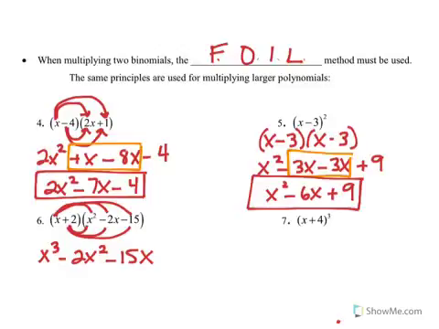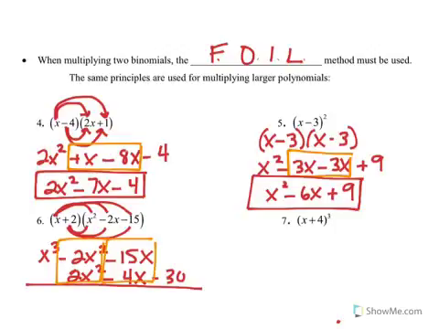When I multiply everything by 2, I get 2x squared minus 4x minus 30. If I combine like terms, right, these guys were like terms and these guys were like terms, I end up with x cubed minus 19x minus 30.